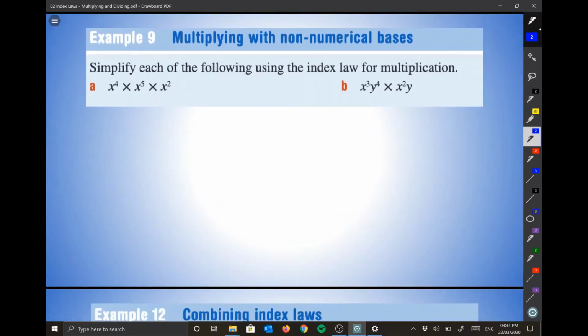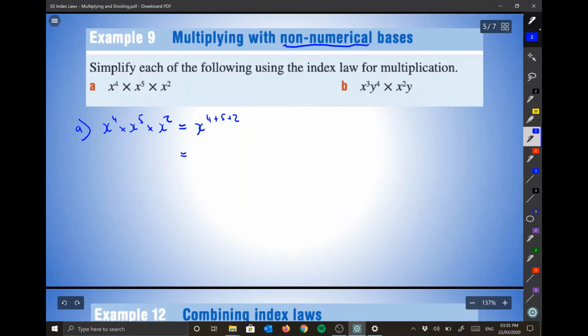So this works the same when you have non-numerical bases and some slightly more complex terms in our multiplication. Let's have a look at part A here. So this is exactly like the examples we just saw. We simply add up all the indices, and our final answer will be x to the power of 11.